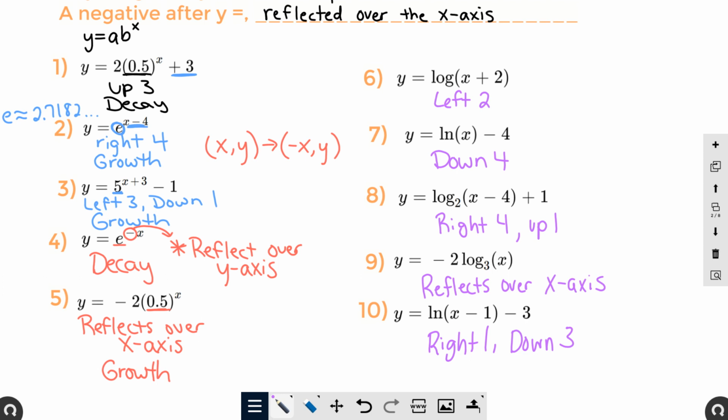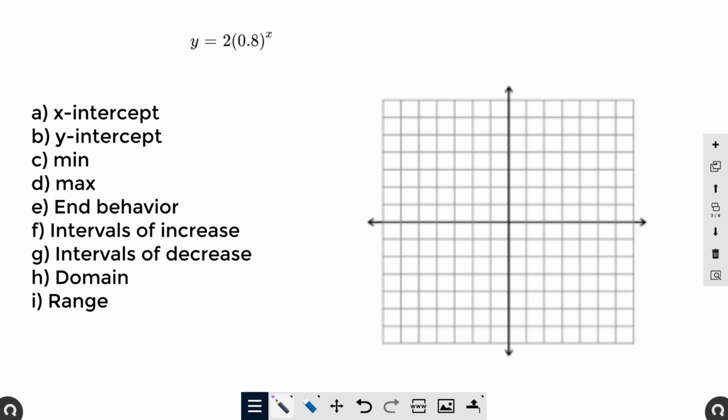You could use your calculator. We'll talk about that in a little bit. So go ahead and write down the function and then a through I.